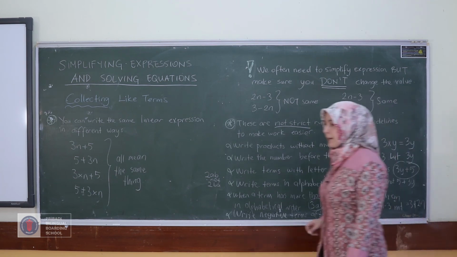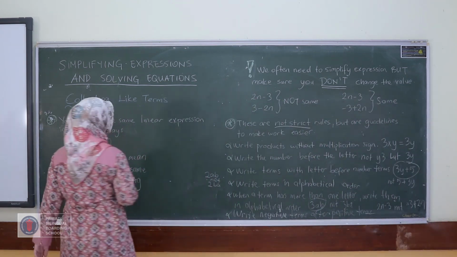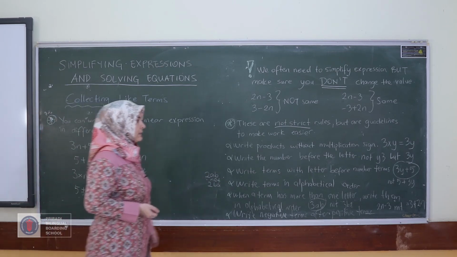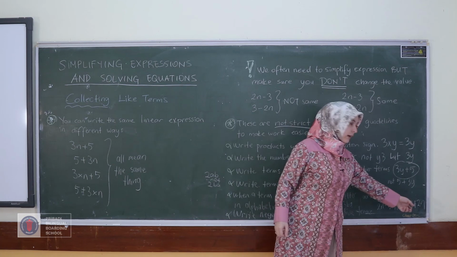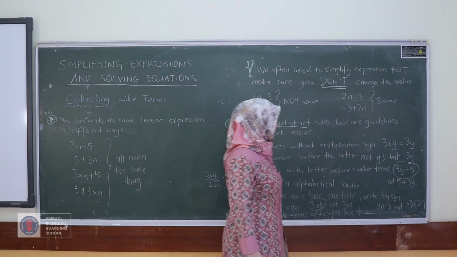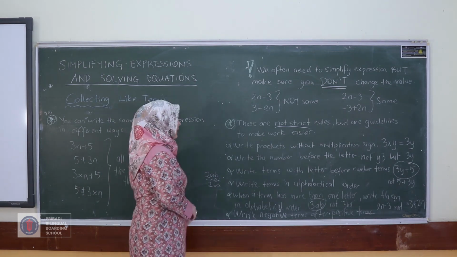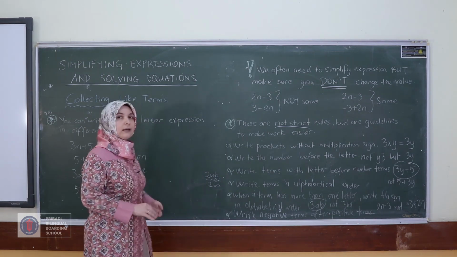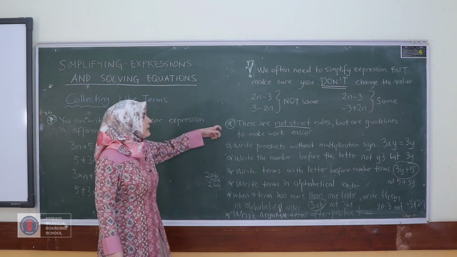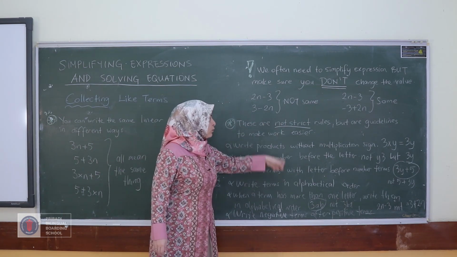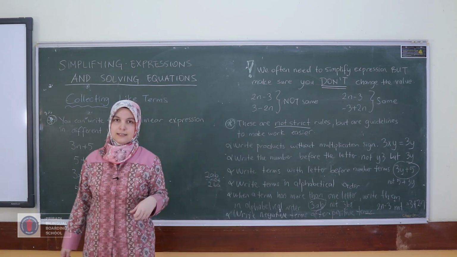Actually it's the same thing, but we want to make it easier, so we need to write 2n minus 3. Again, I want to remind you that these are not strict rules, but these rules make our work easier. Okay?